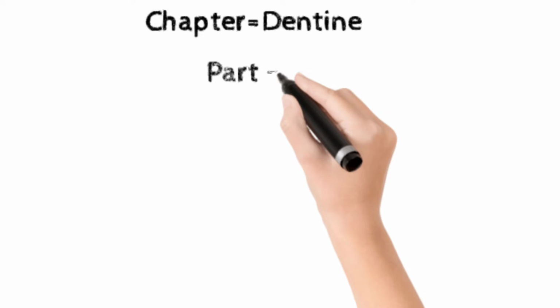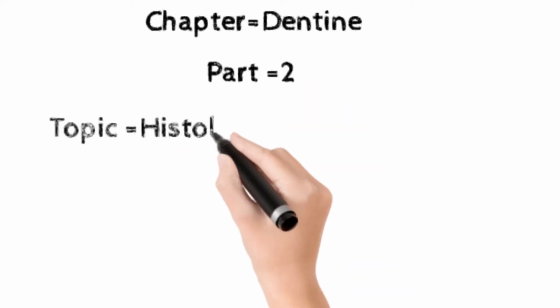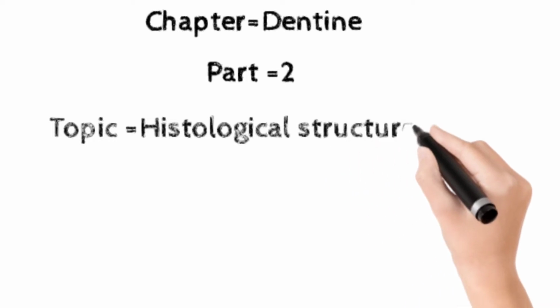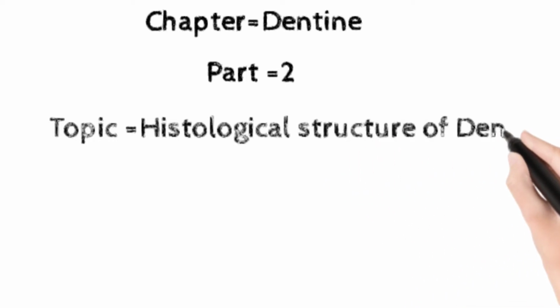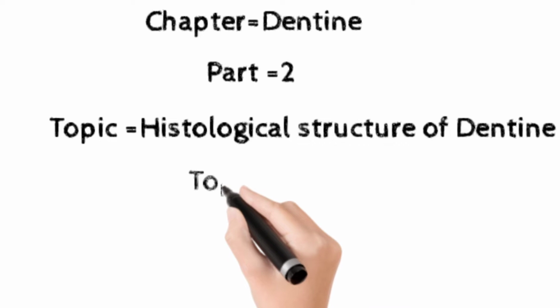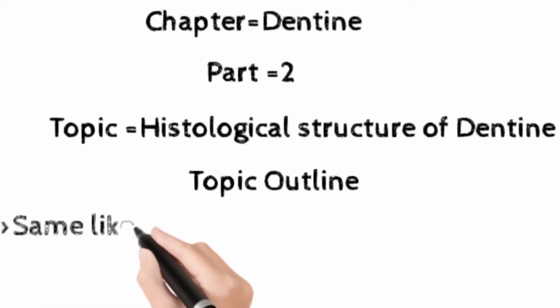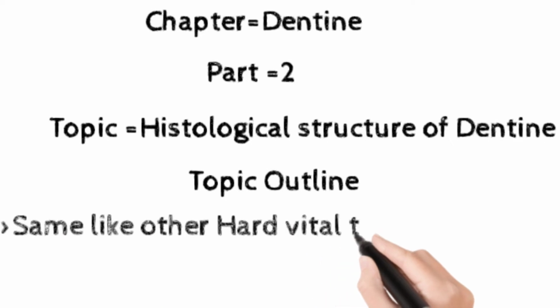In part 1, we already studied the definition, physical, chemical properties of dentin. Now, today's topic is the histological structure of dentin. When we see the dentin in microscope, which structure we see.